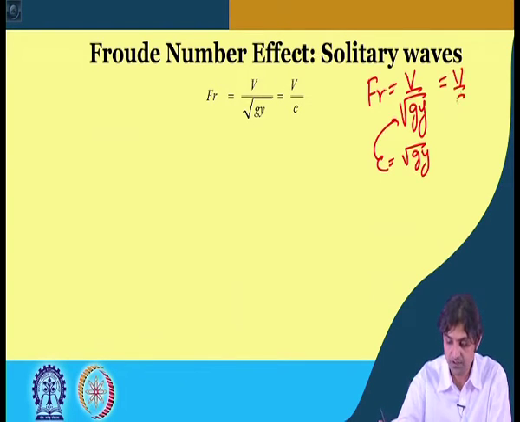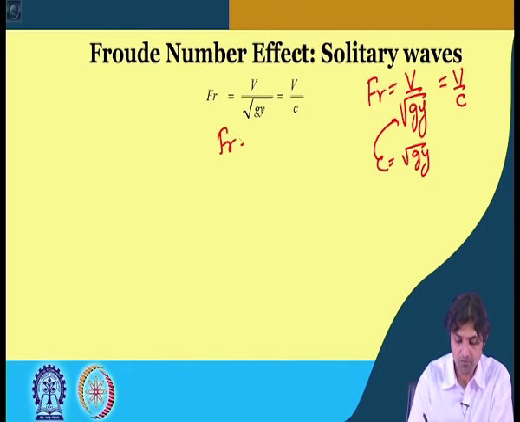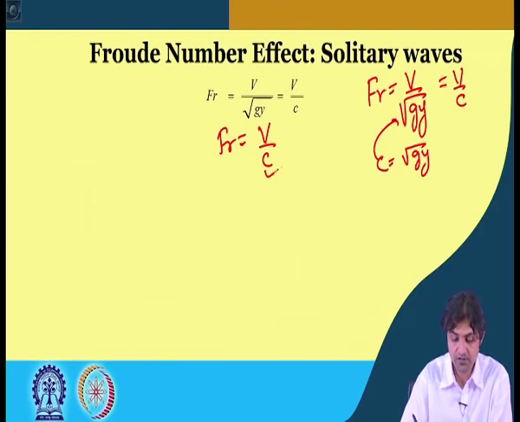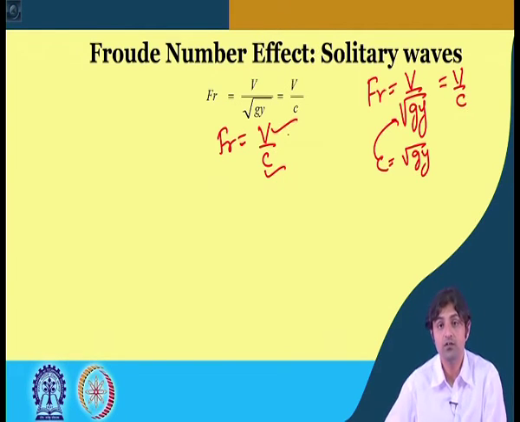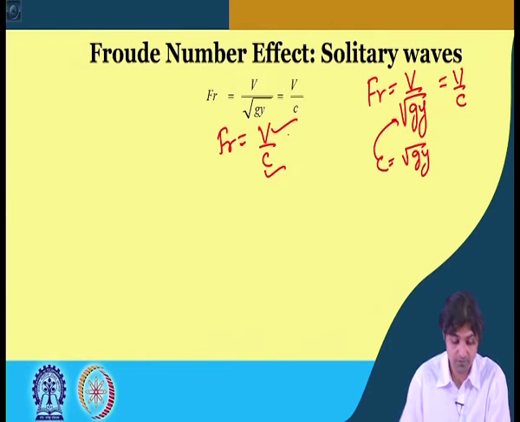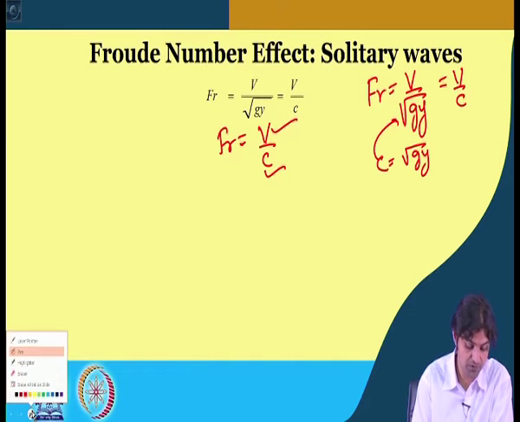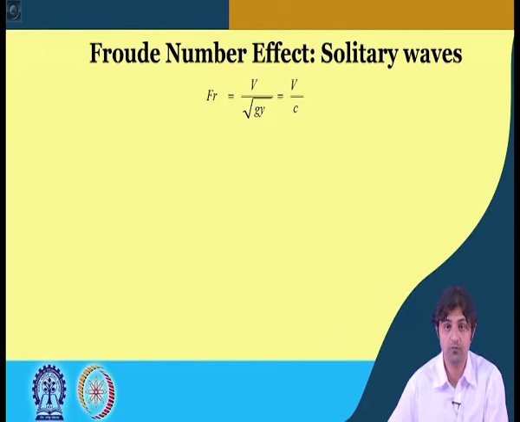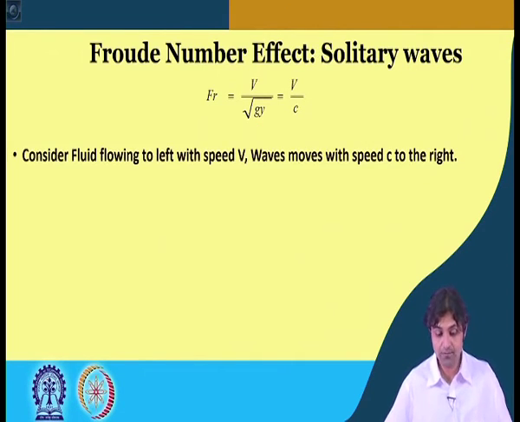So, the Froude number for solitary wave is v by c, where c is the speed of the wave, and v is the velocity of the fluid, which will definitely be different from the wave speed, all right.